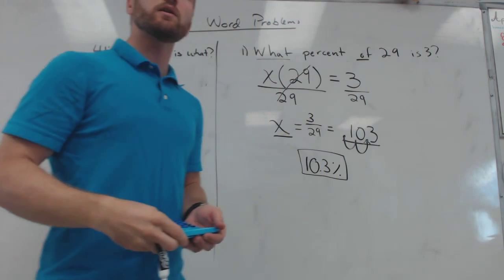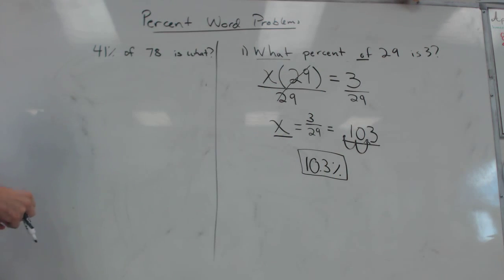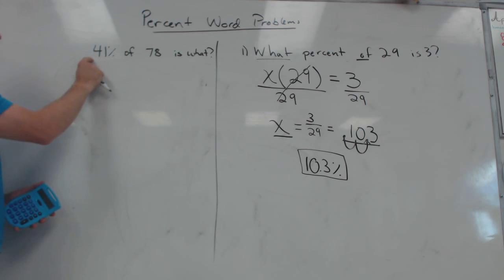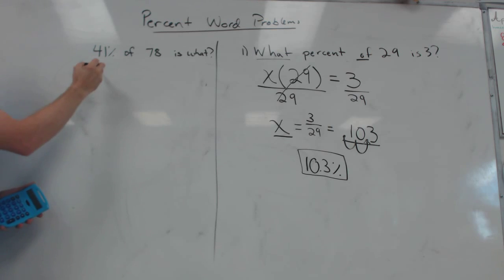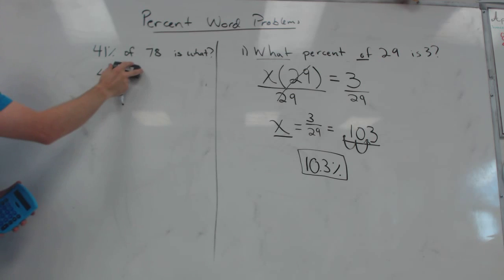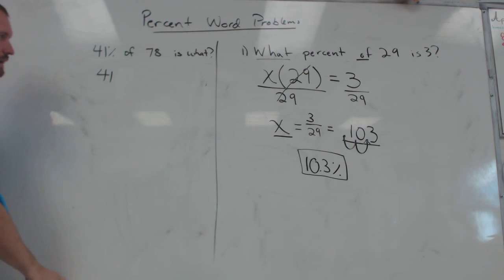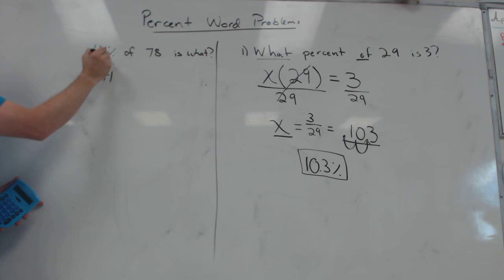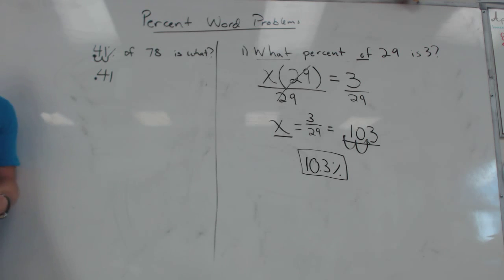There's really actually nothing new here. 41%. Remember, when we write this in our equation, it's not helpful to write 41%. We can't really use that information as it is. Instead, we're going to convert this into a decimal. To convert 41% to a decimal, I move the decimal place away from the percent. This becomes 0.41 in my equation.